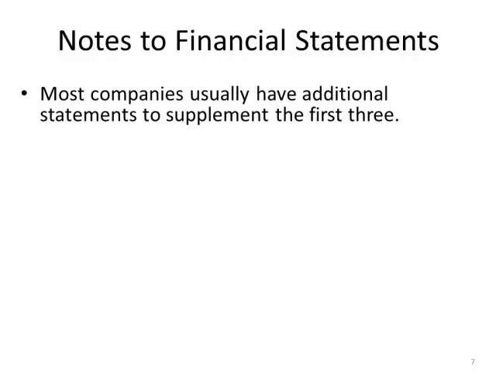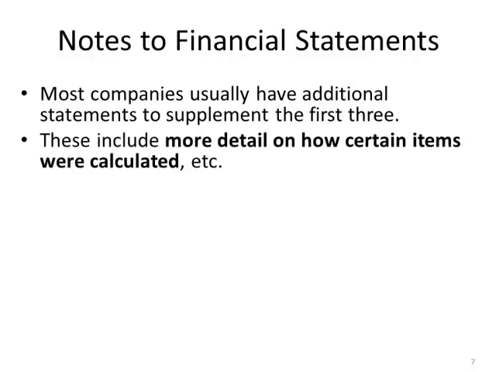So the notes to financial statements usually contain information that the company feels is relevant for investors to know, that they are reporting, but that doesn't nicely fit into either of the first 3 statements. And when we actually look at one, you'll see many different examples of them. Usually it often consists of more detail on how certain items were calculated.